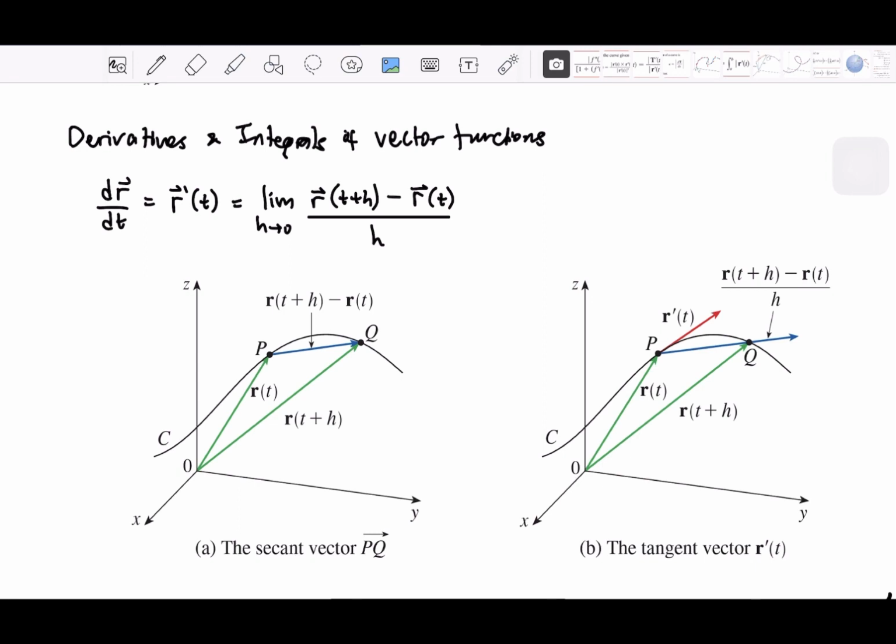That's why this is our tangent, or the tangent vector. It's precisely tangential at this point P. So the tangent vector is r prime at P.